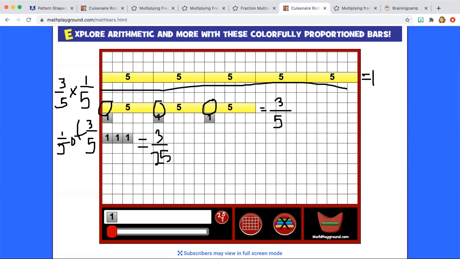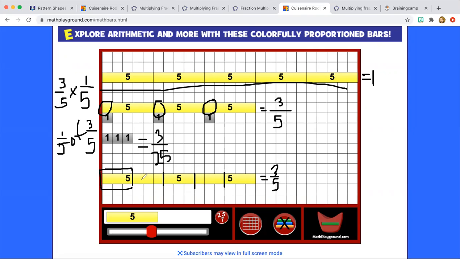Or if we did it this way, the first way I did it, 1, 2, 3. Here's my 3/5 again. Now I want to cut this into, right, I want only 1/5 of this. So cut this into 5 equal pieces. 1/5 here. If you need to see it right here, it would be 2, 3, 4, 5.